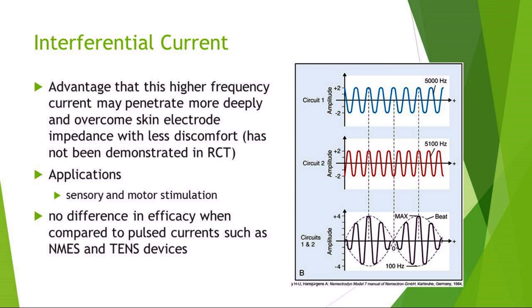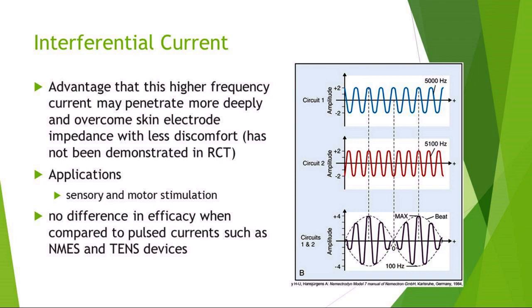So I like IFC. IFC is great. I don't know that it's any more or less comfortable than TENS. Usually IFC is a larger unit that you just use in the clinic, and TENS can be portable, so you can take it home. So, you have to decide what your advantage is.